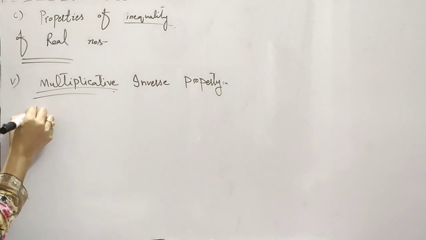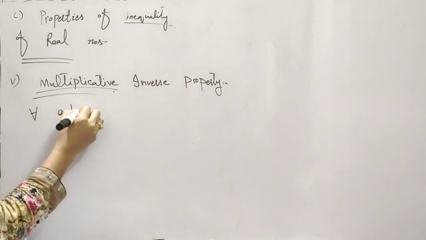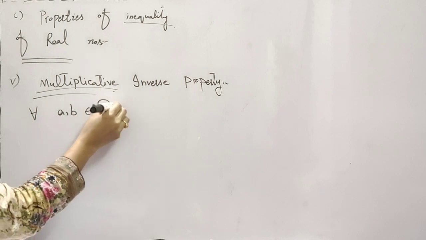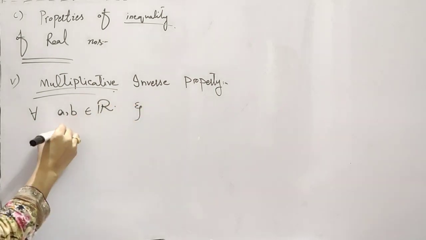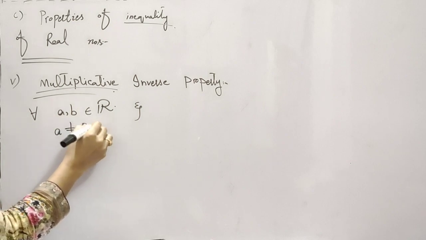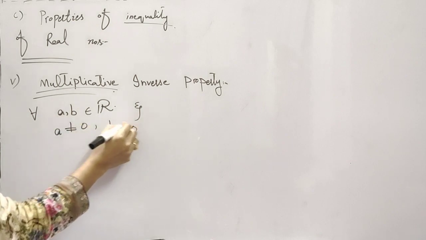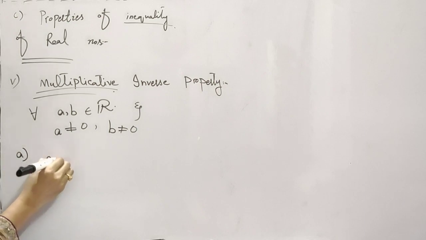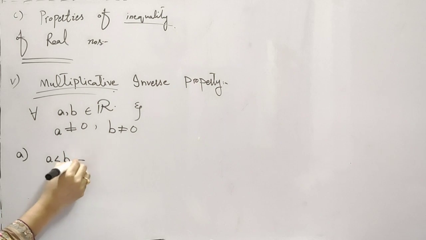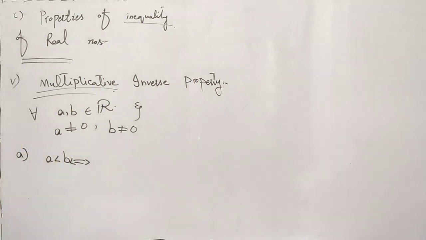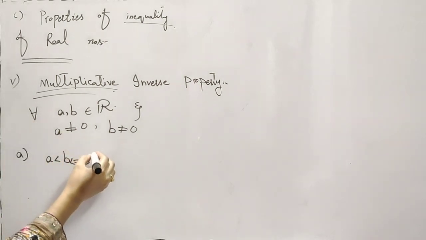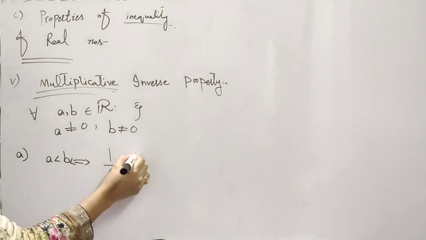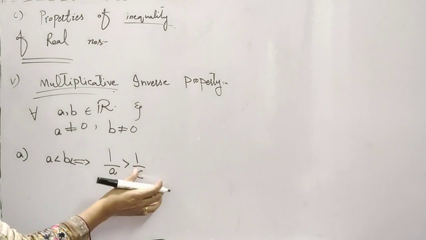It says that for all a, b belongs to real numbers and a is not equal to 0 and b is also not equal to 0, then the first part is if a is less than b, then 1 by a is greater than 1 by b.